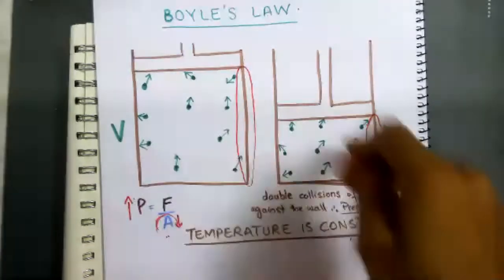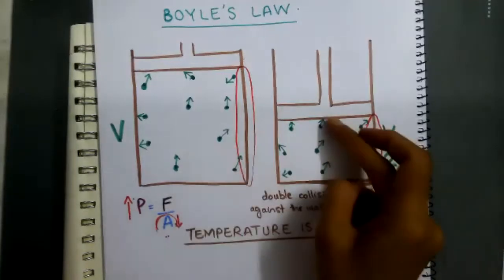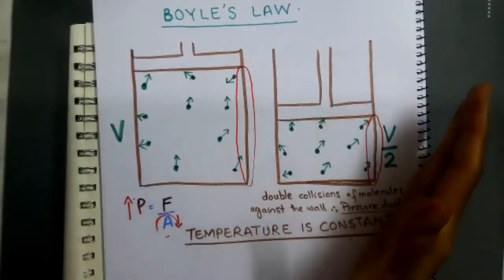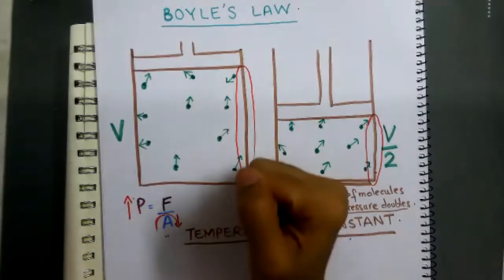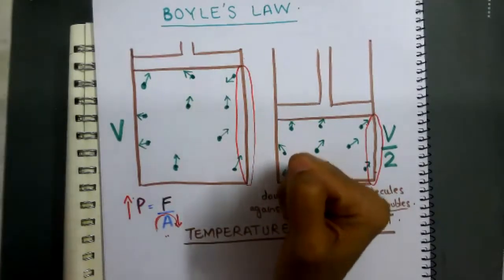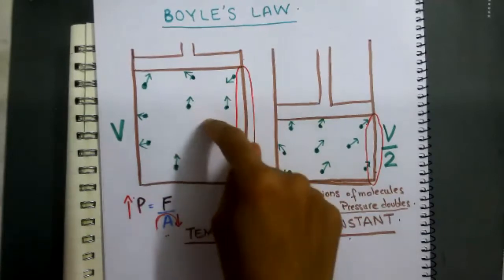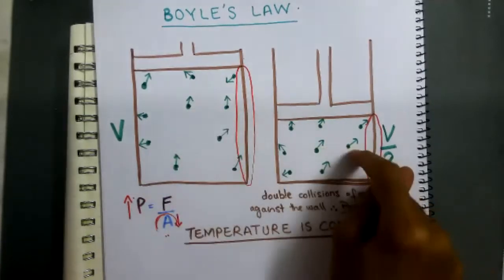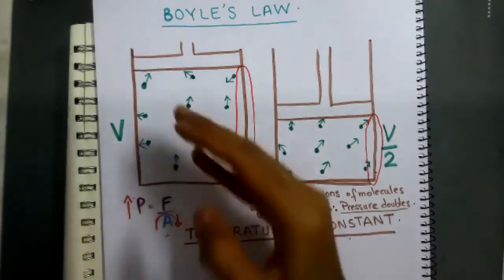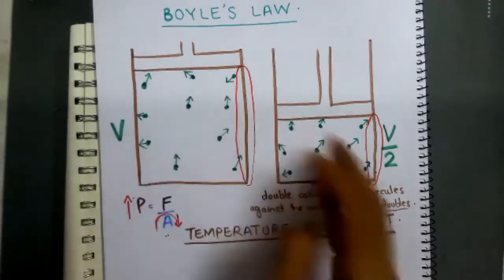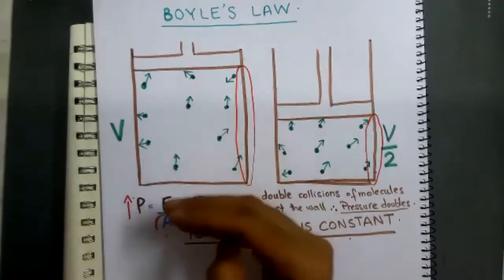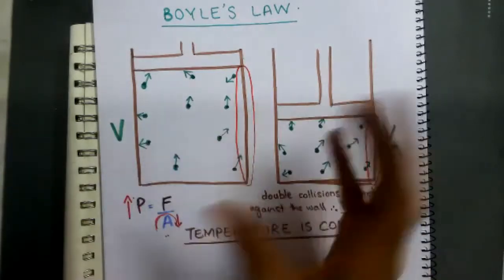So halving the volume would double the pressure. What does that mean? This means inverse proportionality. Inverse proportionality means that one quantity decreases by the same amount as the other quantity increases. The only difference is that volume is decreasing and pressure is increasing, but they are doing so by the same amount.